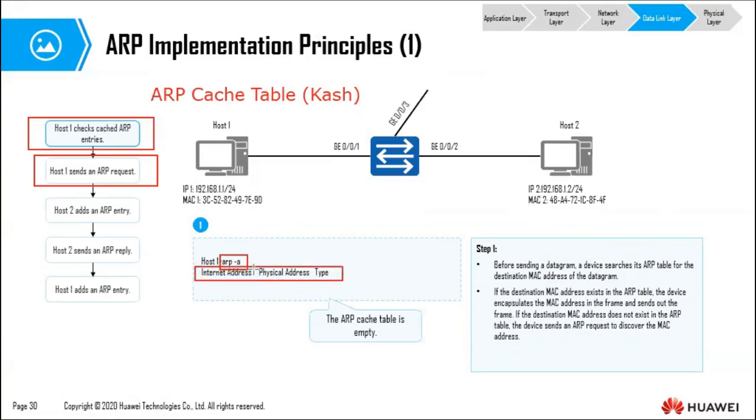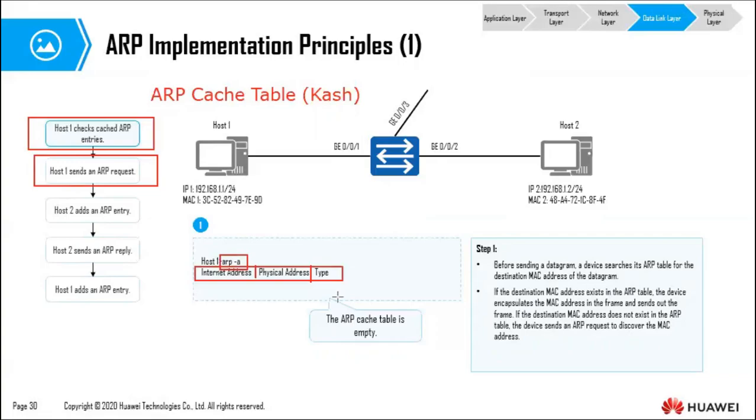The ARP cache table has two columns: the IP address, which is called the internet address, and the physical. Actually, it has three. I'm sorry. It has three: internet address, physical address, and the type. Type simply means how have you learned about this association? Have you learned about it dynamically? Dynamically means you've used ARP, or has it been configured by an administrator? That is called static.